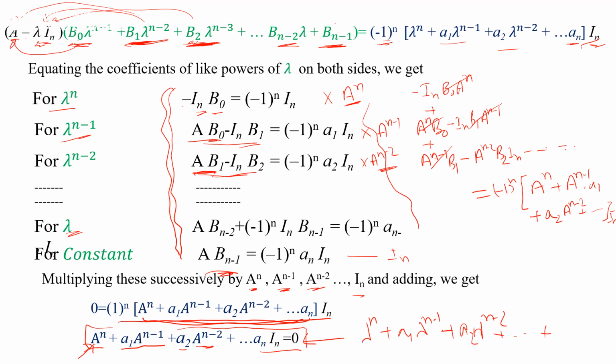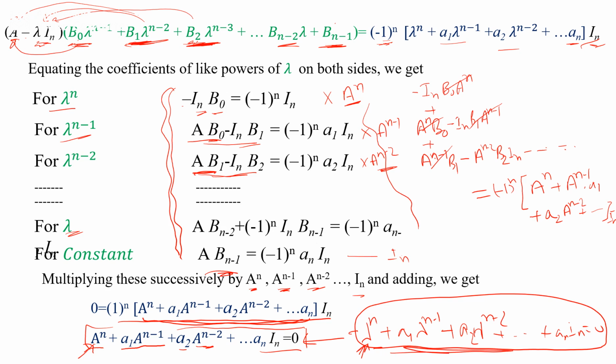So this is the characteristic equation of the matrix A, and if we replace that lambda with the capital A matrix, we can prove that every matrix satisfies its own characteristic equation.